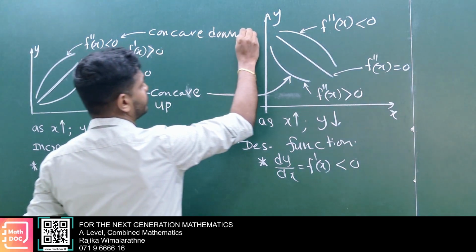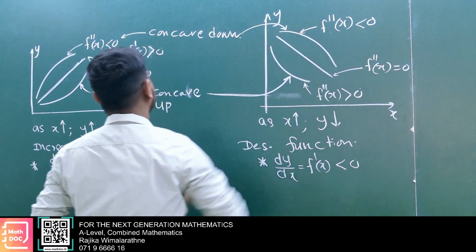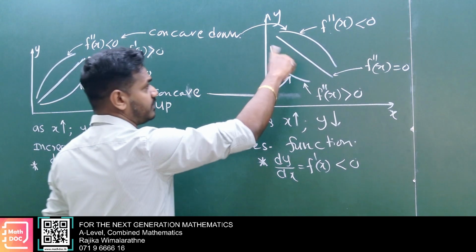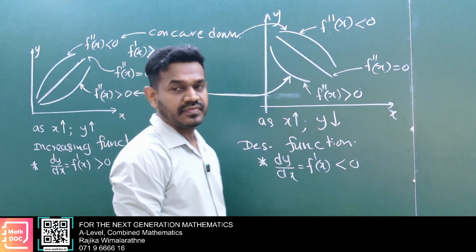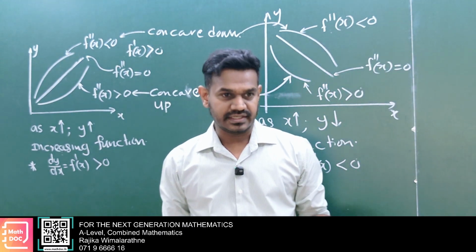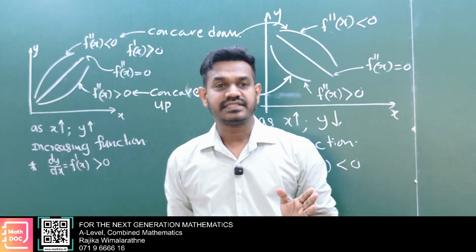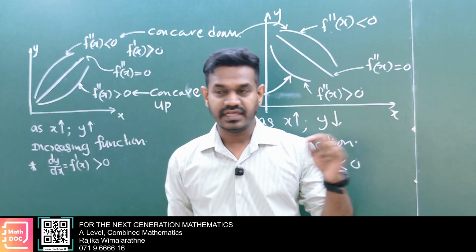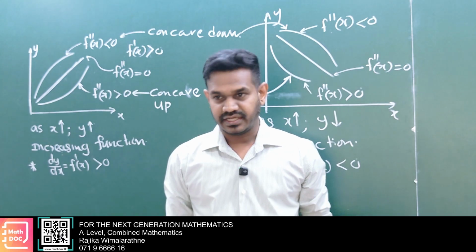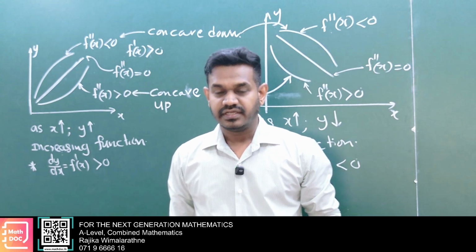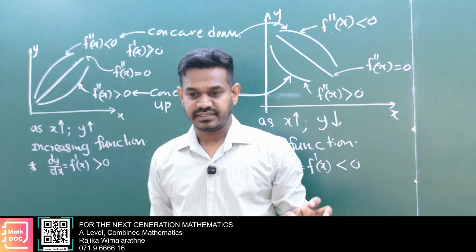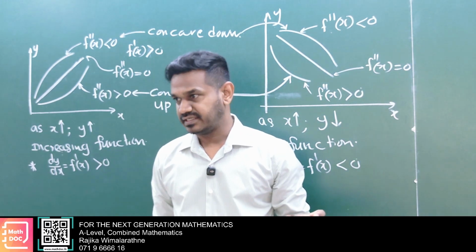Same thing we have here, concave down, concave up. Anyway, we have especially two things: one is increasing, the other is decreasing. To obtain an increasing function, you check whether the derivative is positive. For a decreasing function, the derivative is negative. So each function can have increasing regions and decreasing regions.